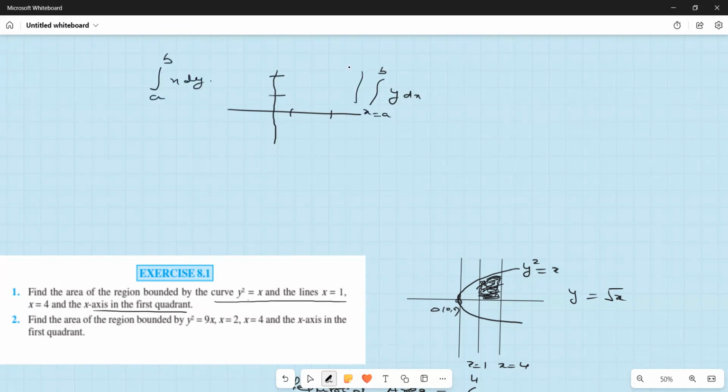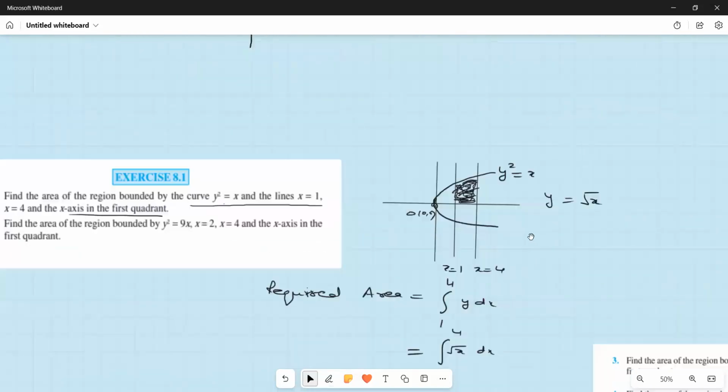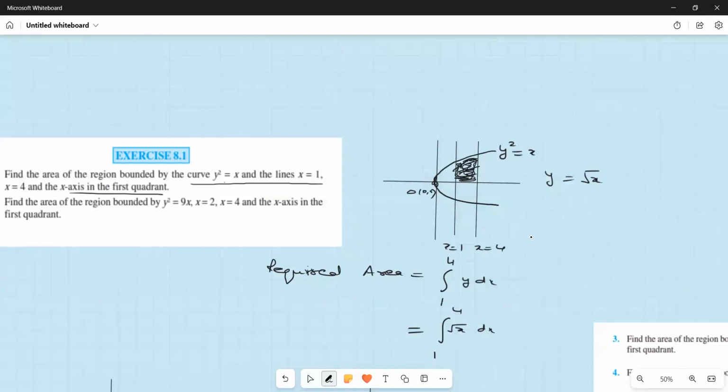Most questions we will do by this method, but 1 or 2 questions are there which are easy to attempt by the other method. Means we will take the limits on the y-axis and integrate with respect to dy. So here if you see, it's the area falling on the x-axis only, this area, right now.